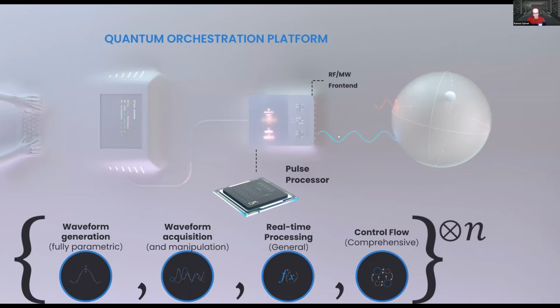You can either acquire the raw data and manipulate it yourself using QUA, our programming language, that I will show you in a moment, or you can apply a series of different kinds of pre-made demodulation modules that we have inside the pulse processor that allow you, for example, to do time tagging, threshold detection, counting, photon counting, binning, and so on. And simple demodulation of signal, estimating the phase, IQ demodulation, and so on. And everything is done on the fly.